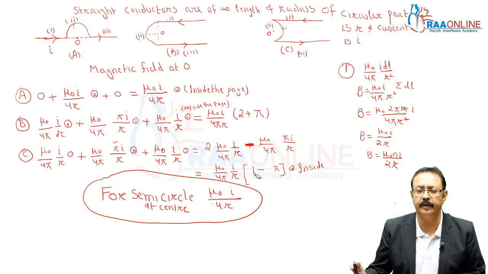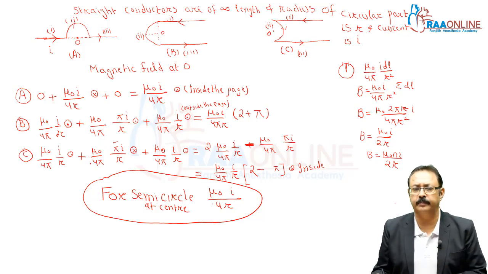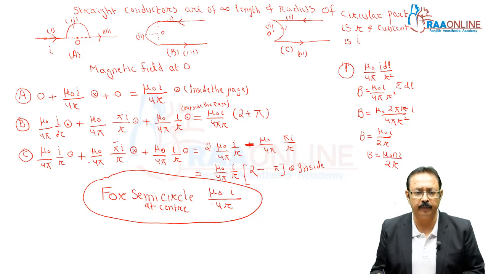So it should be 2 minus pi. 2 minus pi. So in this way we can solve this problem. Getting my point? So take care of sign mainly.